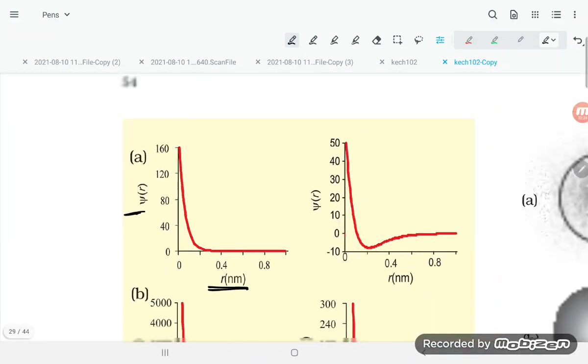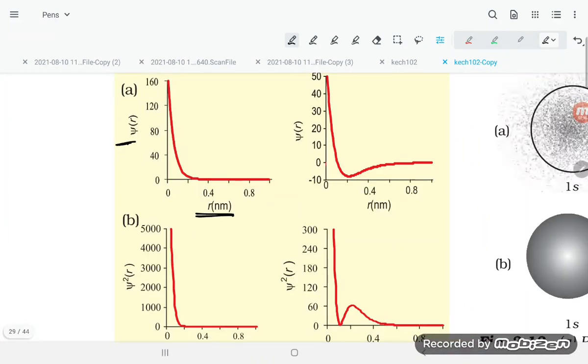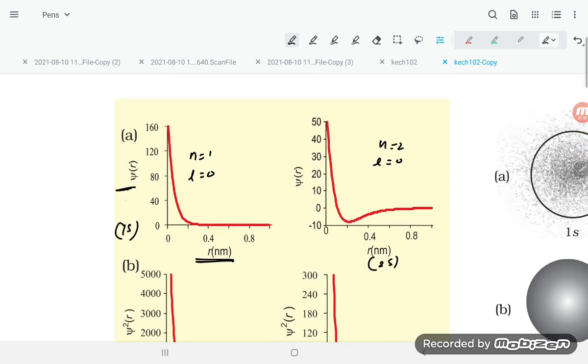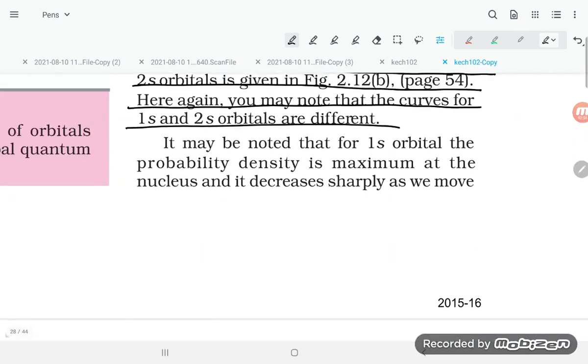This first one is for 1s and this is for 2s, where n is equal to 1, l is equal to 0, and n is equal to 2, l is equal to 0. So the psi and r relations are different, students. That is what they are talking about.